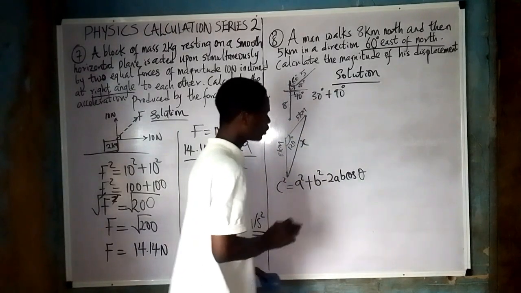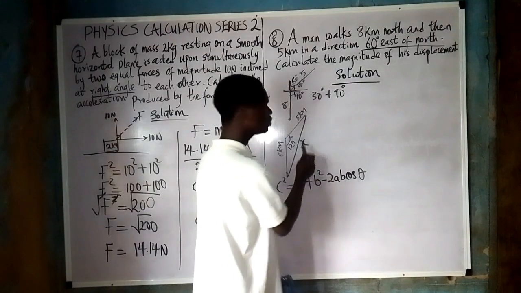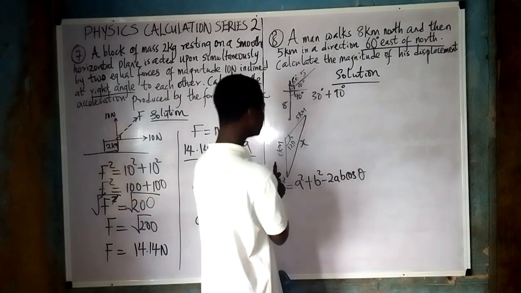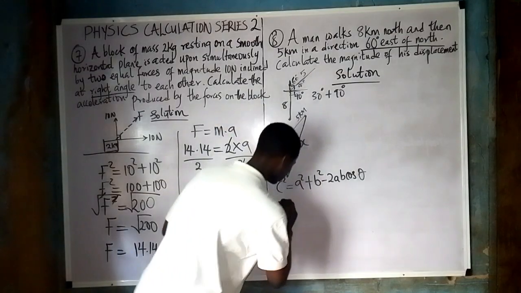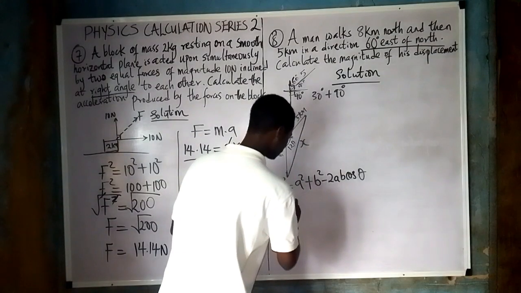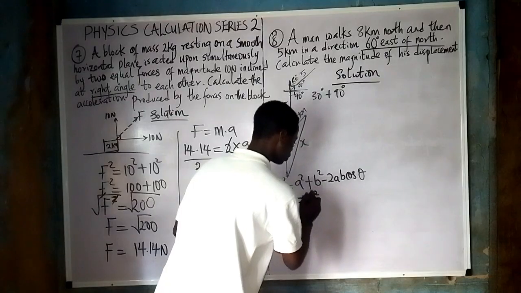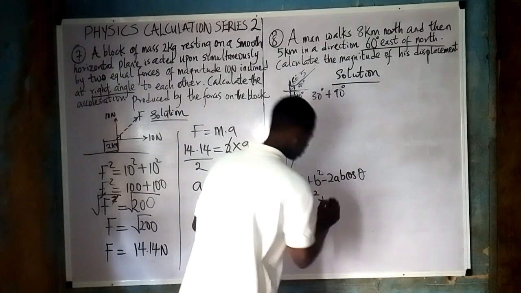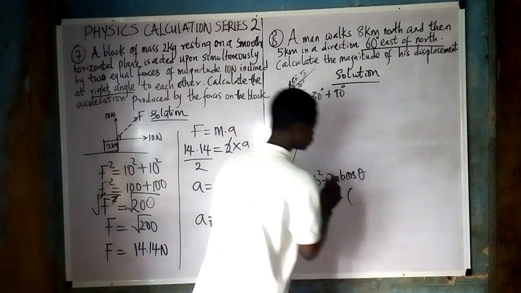Now, because we don't have those letters here, we'll be using what we have here. The c here is for the longest side. So where is the longest side? Is it this side, or this side? The answer is this side. So we'll call it x, raised to power 2. This other side will be our a: 8 raised to power 2. And this other side will be our b: 5 raised to power 2, minus, watch out, 2 times a times b.